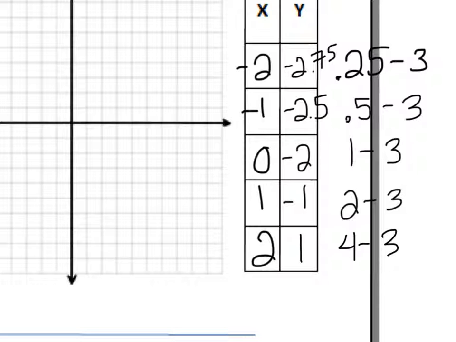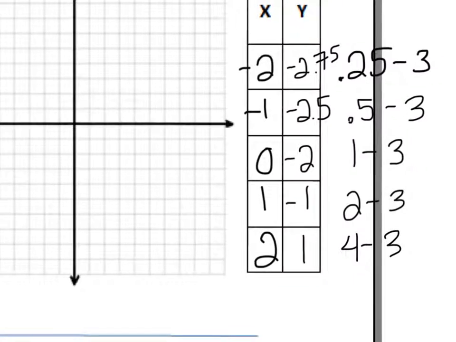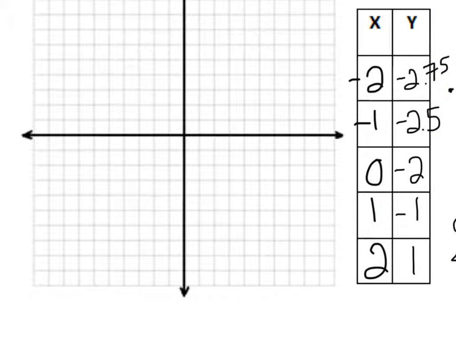So here are my new values to plot. So negative 2, negative 2.75 is down here. Negative 1 and negative 2.5 is a little bit above that. 0 and negative 2. 1 and negative 1. And then 2 and 1.